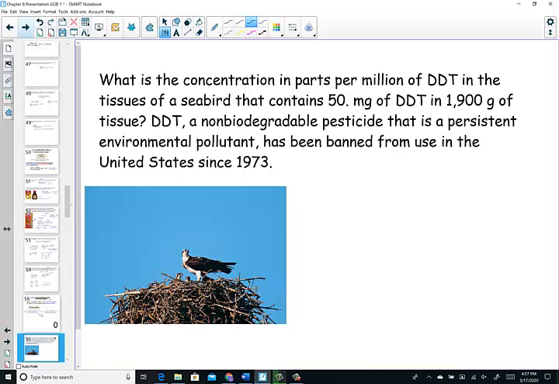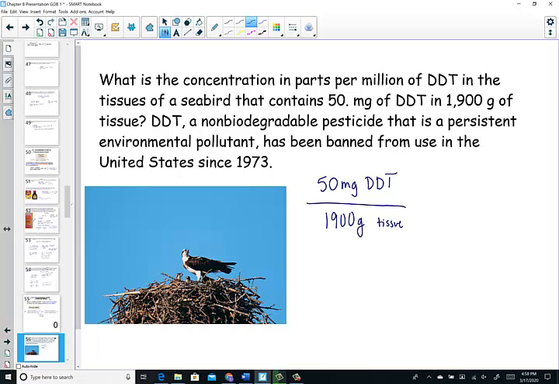DDT is a non-biodegradable pesticide, and it persists and is an environmental pollutant. It has been banned in the U.S. since 1973. We have 50 milligrams of this active ingredient, DDT, in every 1,900 grams of tissue.